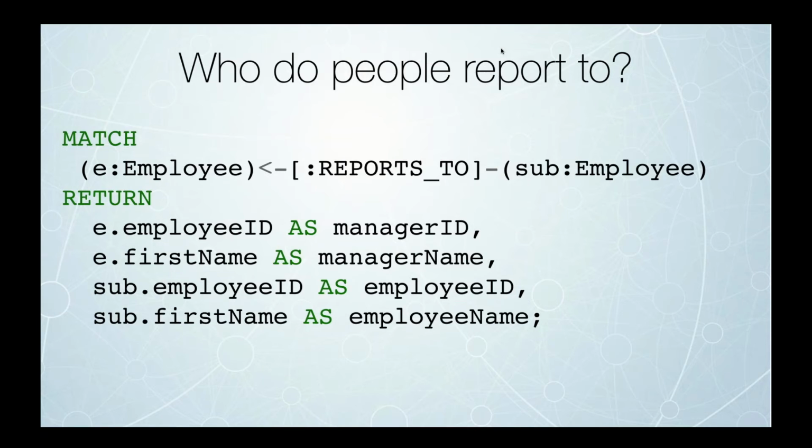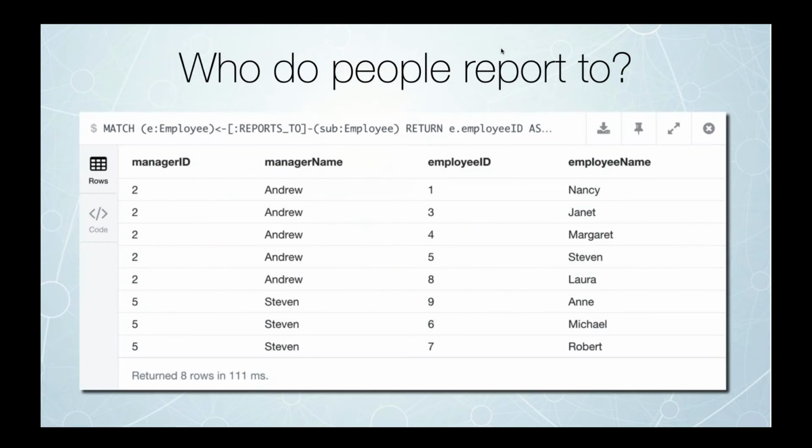For each path that matches that pattern, the nodes are bound to those aliases, and we can then refer to them later on in the query. In this case, we're just going to use them in the return clause. So we're going to get the employee ID and the first name of the manager, and the employee ID and the first name of the subordinate, and return those as well. And because we're just returning strings here, the results will be displayed in a tabular format if we were to run these in the browser rather than the graph format.